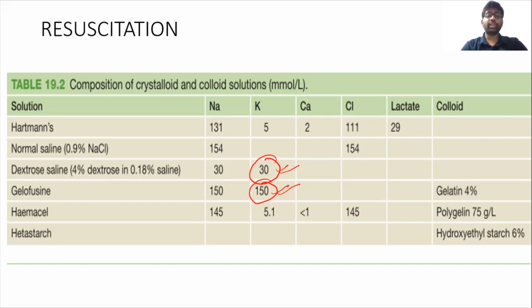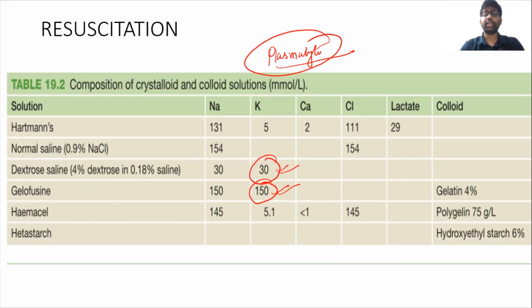Now, another potassium containing fluid is Hartmann solution, which is more towards the physiological level. But they might ask you which is a physiological fluid, whether it's normal saline or Hartmann solution. And the third option might be Plasma-Lyte. Plasma-Lyte resembles the plasma most accurately compared to the Hartmann's or the normal saline.